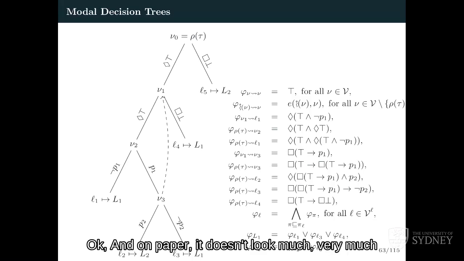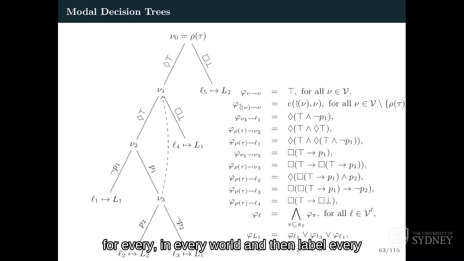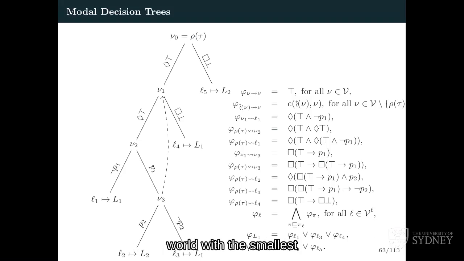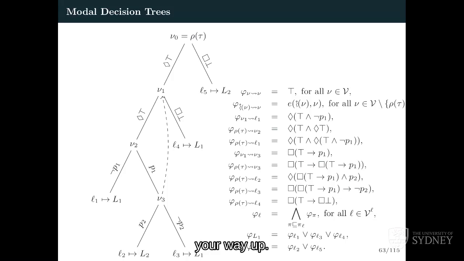Okay, and on paper it doesn't look very complex because it's just: look in every world and label every world with the smallest subformula that you have to check, and then build your way up.